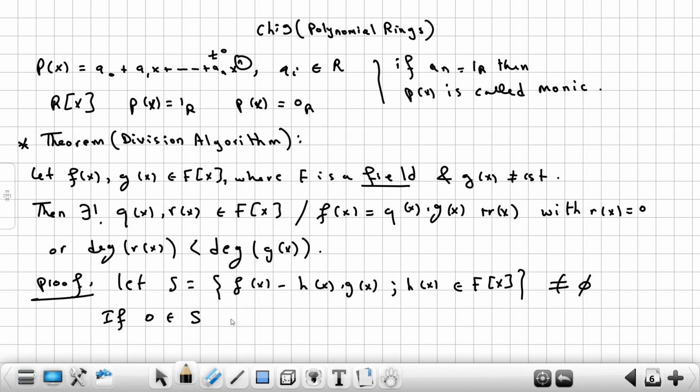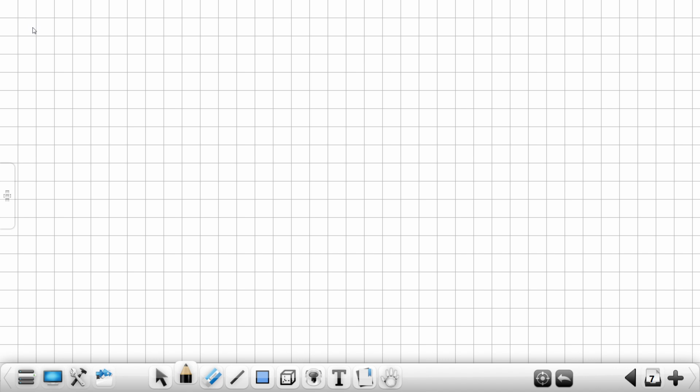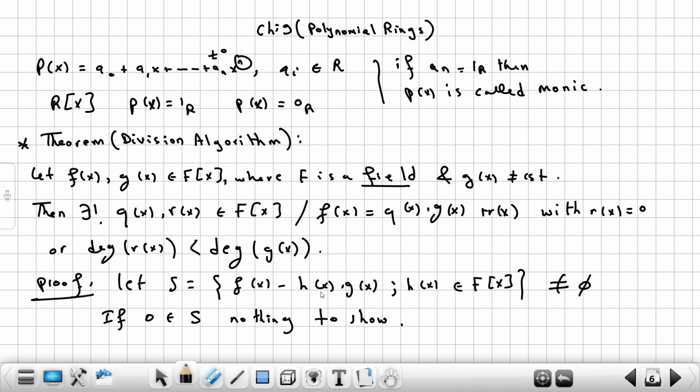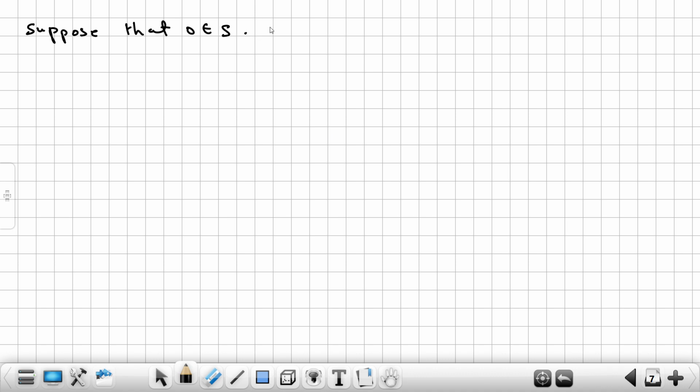Okay, so if 0 belongs to S, nothing to show. Suppose that 0 does not belong to S. So for any polynomial in S, the degree is defined and it's greater than or equal to 0.